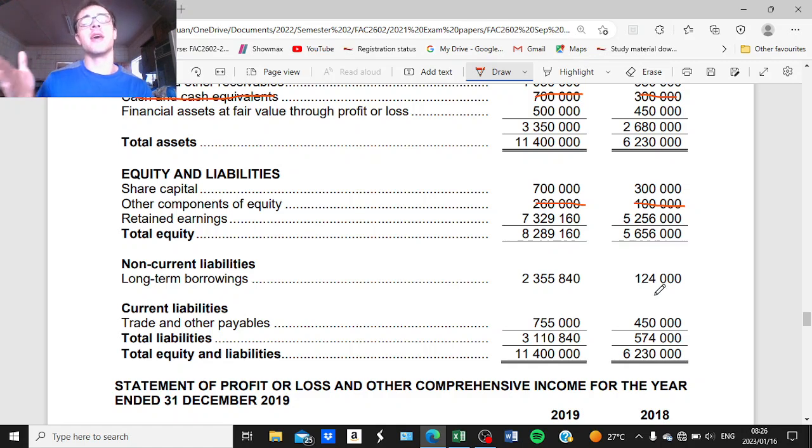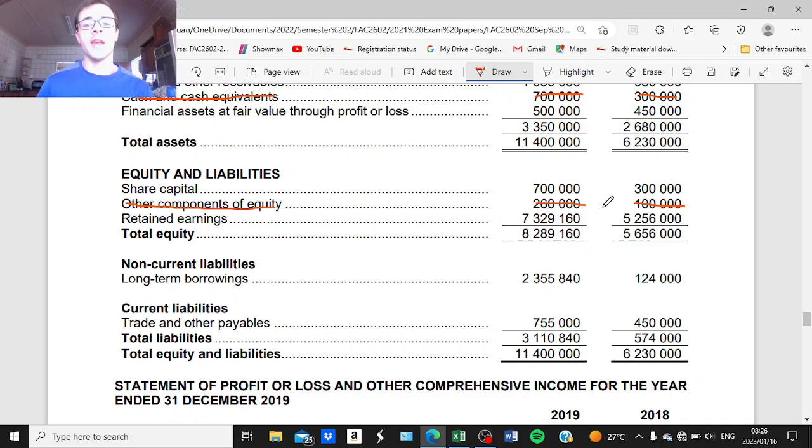So there was clearly a change of 160,000, more specifically an increase of 160,000. And in the absence of any further information, we will assume that other components of equity only consists of revaluation surplus. So the change in other components of equity, which is due to a revaluation conducted in the current financial year, amounted to 160,000.